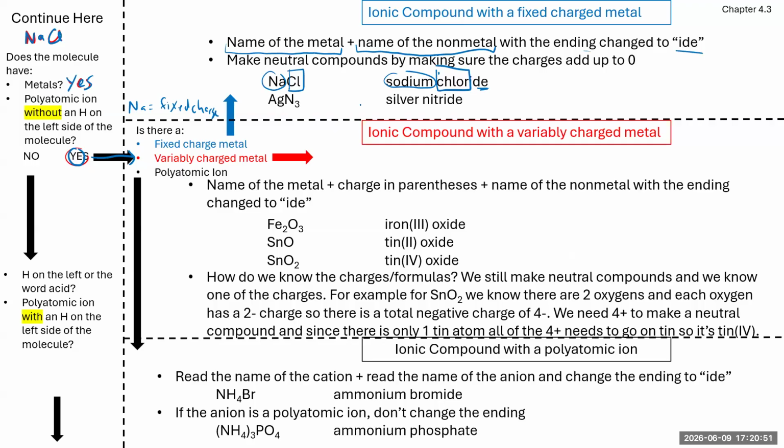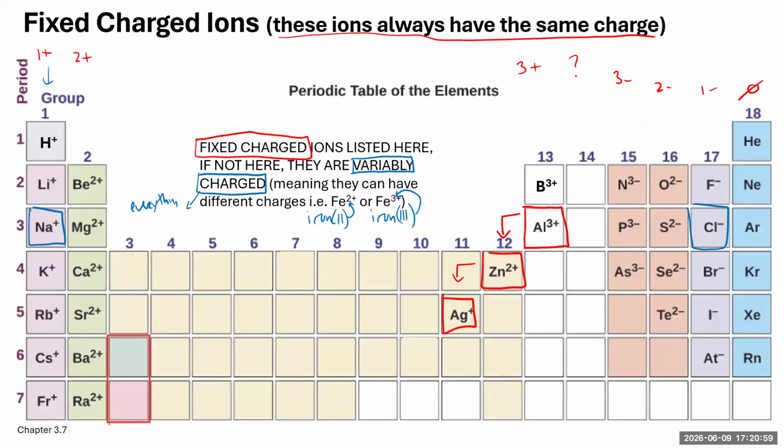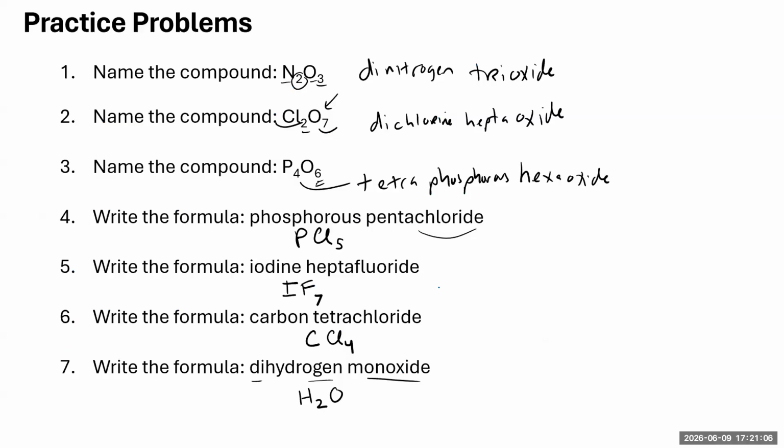All right. Same with silver nitride. And again, I'm going to reiterate and emphasize: silver is a fixed charge metal. Remember this silver here that I said to remember? Silver is a fixed charge. So we're going to do the same thing here.